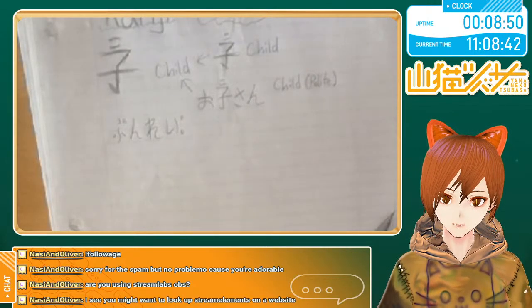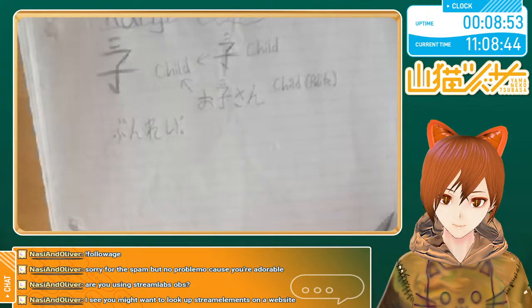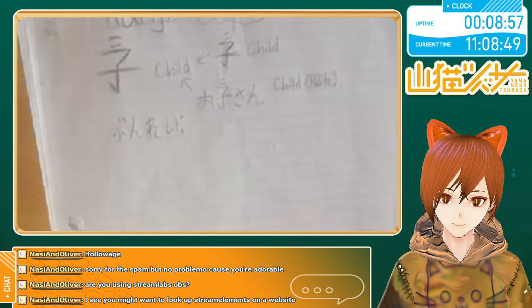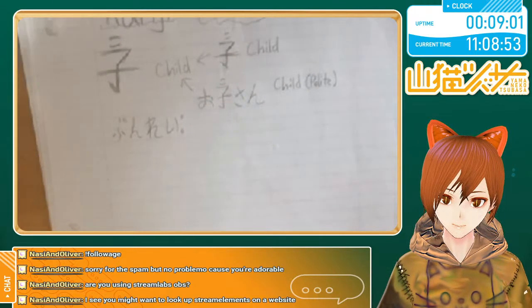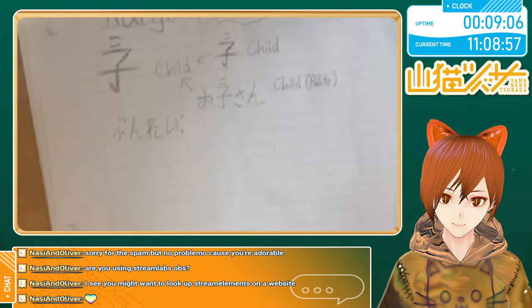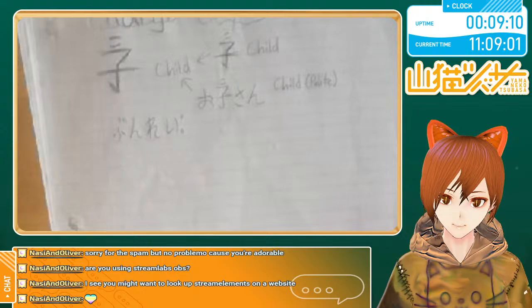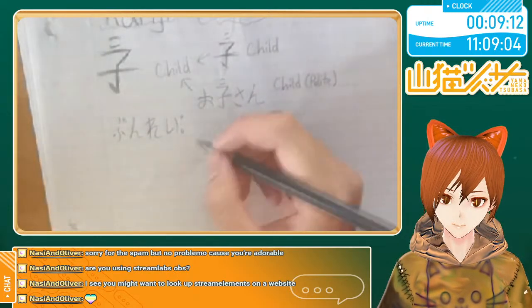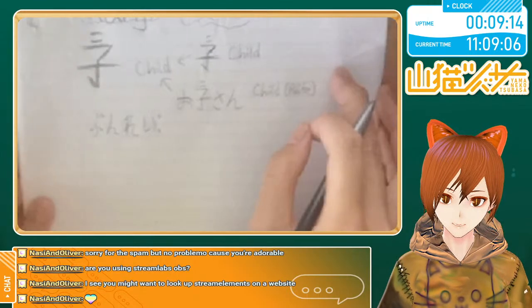I got notebooks galore. There we go. Stream elements. Thank you, Nassie and Oliver. Hi, Bunde.